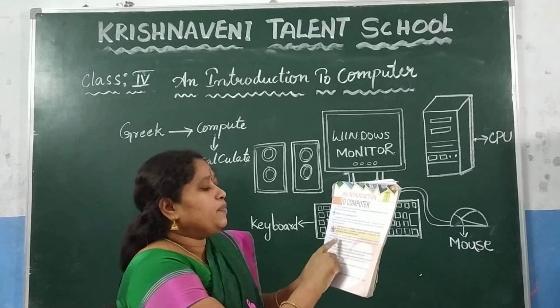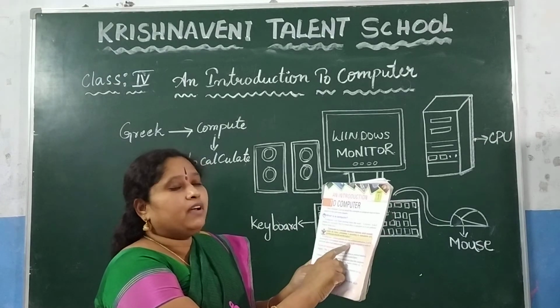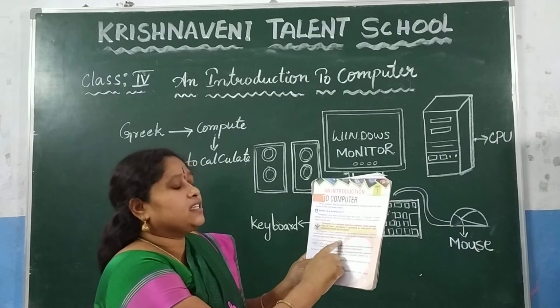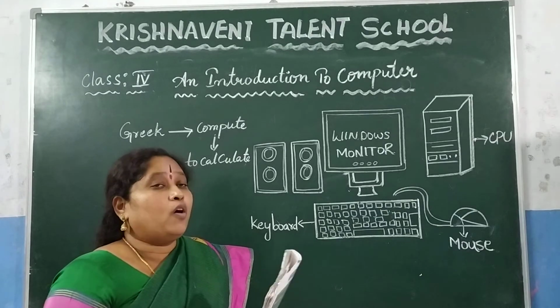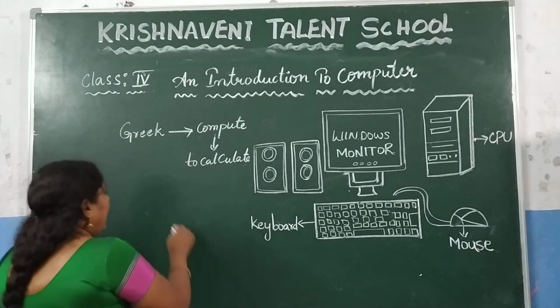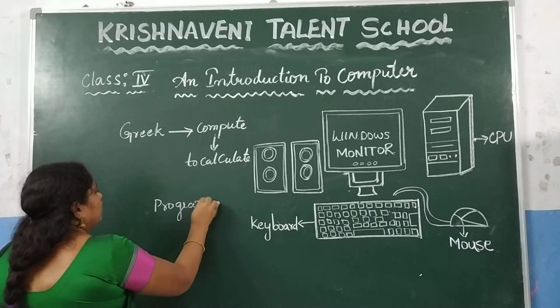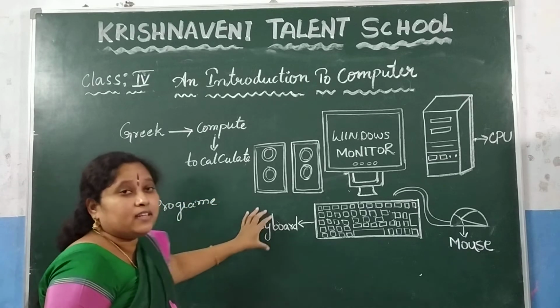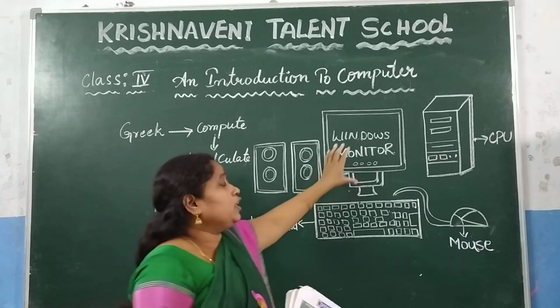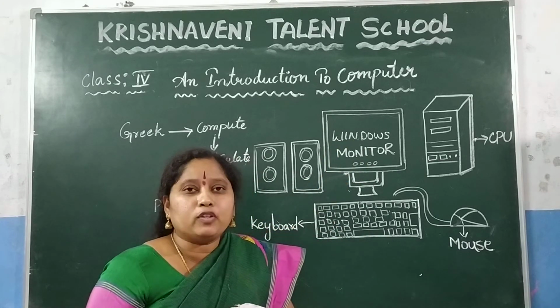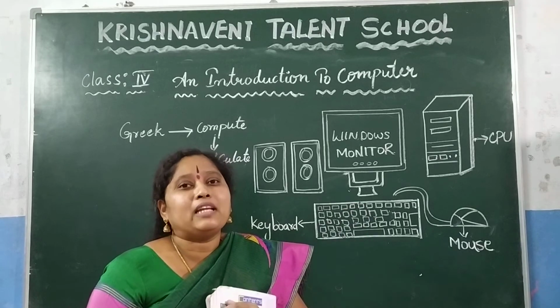A set of meaningful instructions which are given to the computer in order to perform special tasks is called a program. I said already that we have to give the instructions, and that too meaningful instructions. We should not give any meaningless instructions.